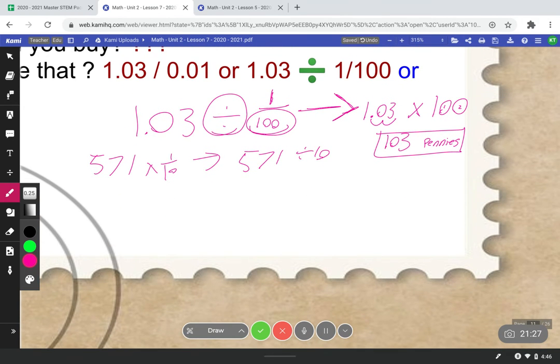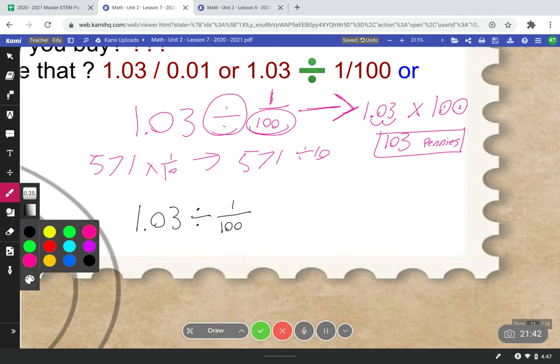Let's do that again. Now I got 1 over 100 because if you have 1 penny, you have 1/100th of a dollar.